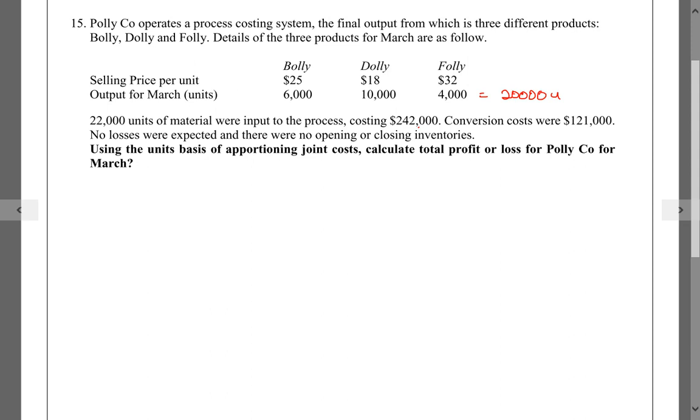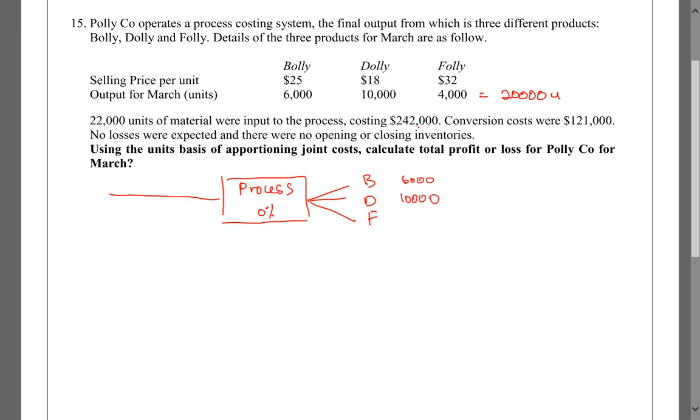So abnormal loss. Zero percent. 1, 2, 3. Bolly, dolly, and folate. 6, 10, 4 units.